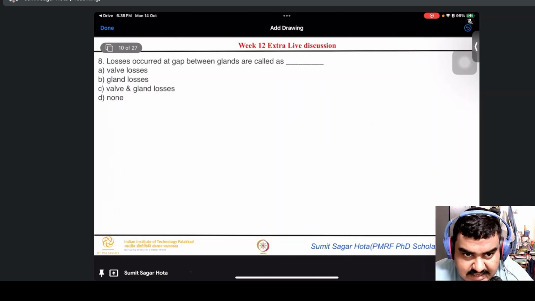The losses occurred at the gap between the glands are called as what? This is a simple term: gland losses.